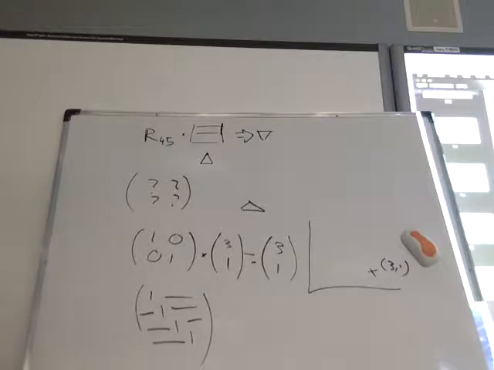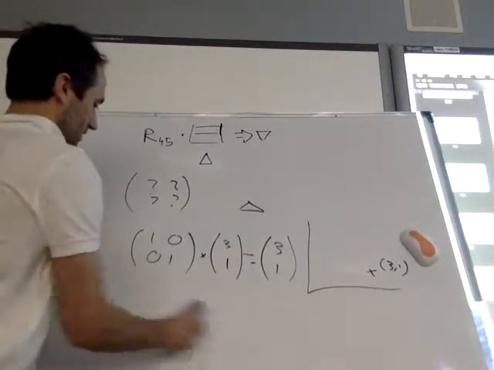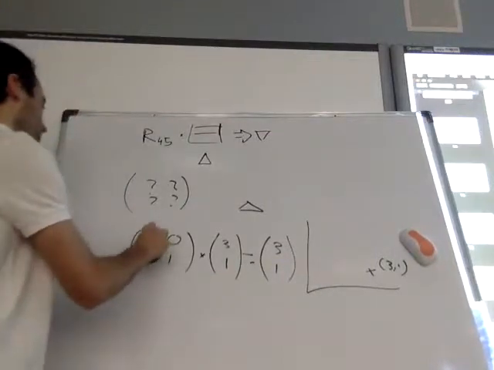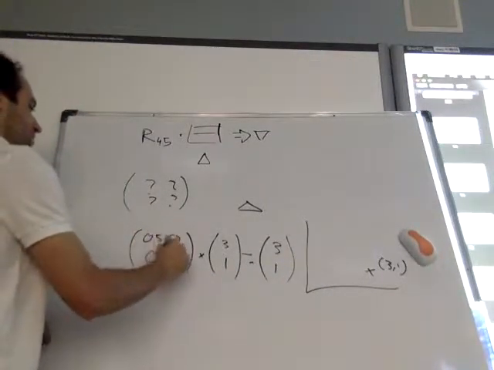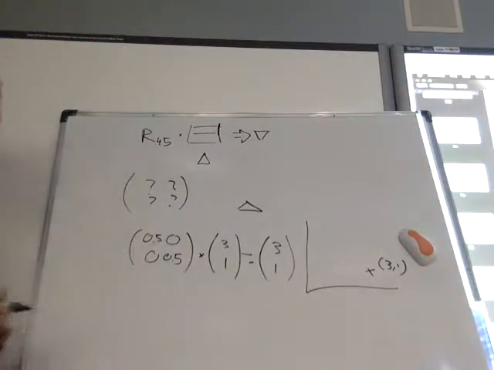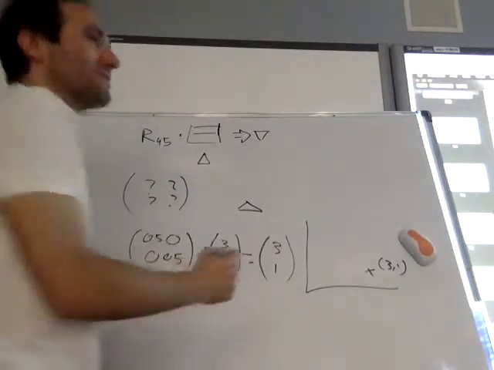Now, what happens with this matrix if instead of 1s here I have 0.5? What will happen? Yes, hold on a second. What will happen here?